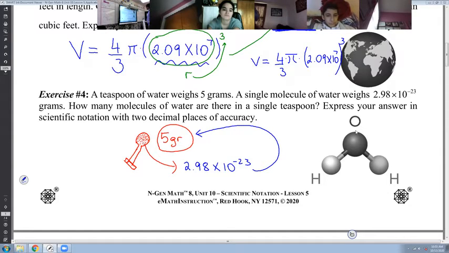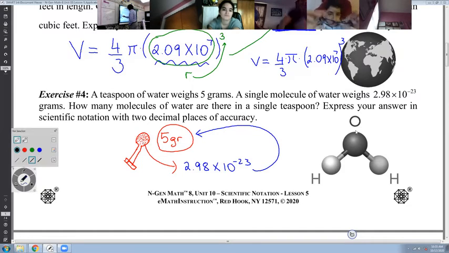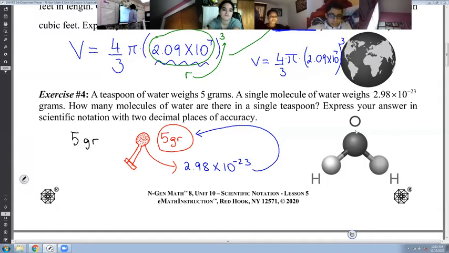It could make 5 grams. And what operation do I have to do on it? Do you know what operation we have to do? The opposite of multiplication.